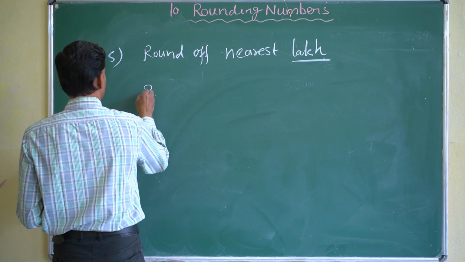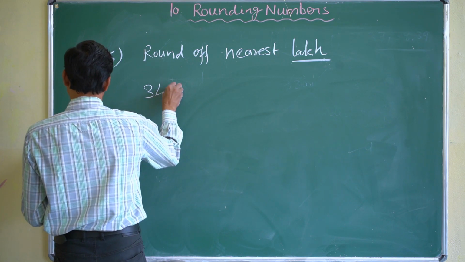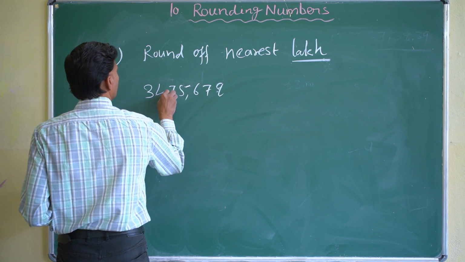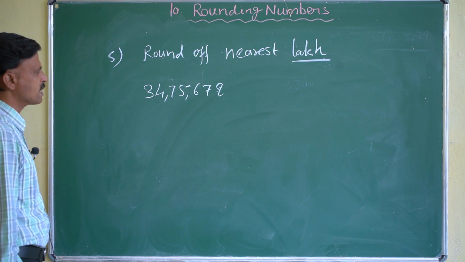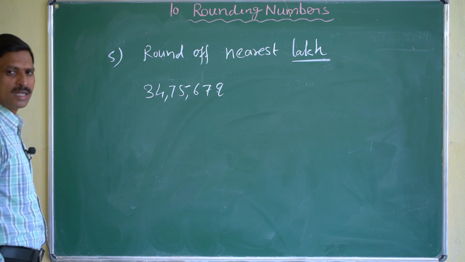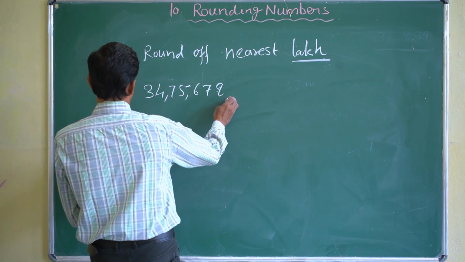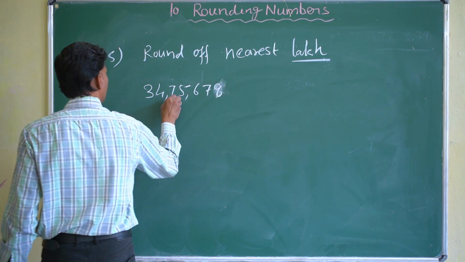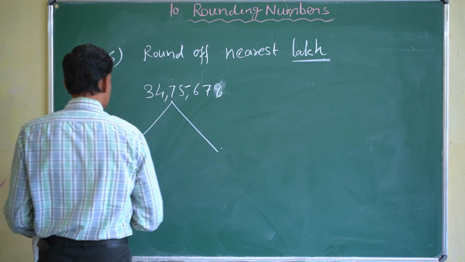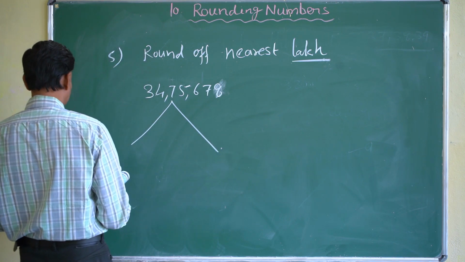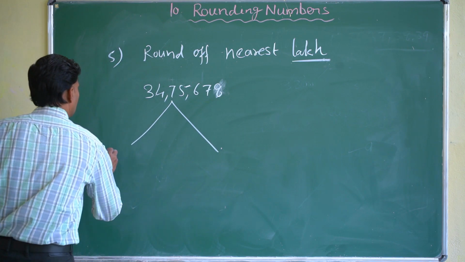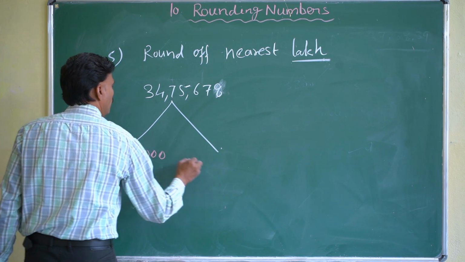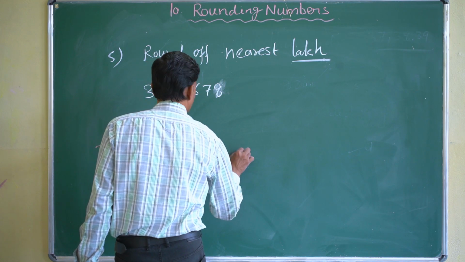Suppose the number is 34,75,679.78. You have to tell whether it is nearest to 30 lakh or 40 lakh.